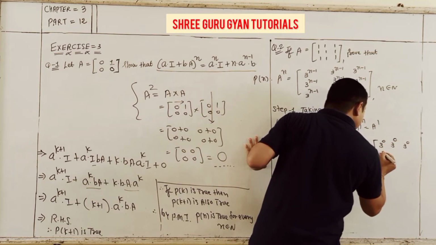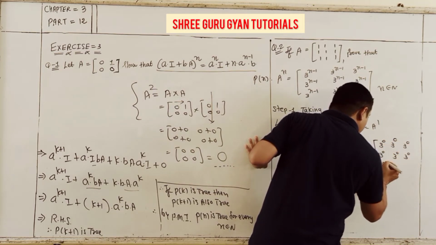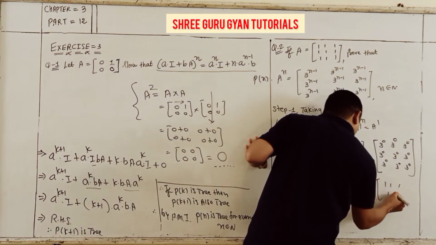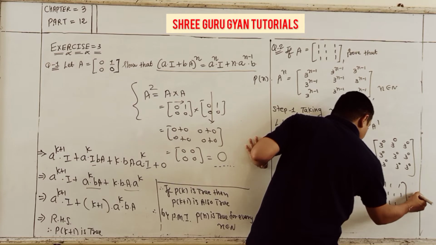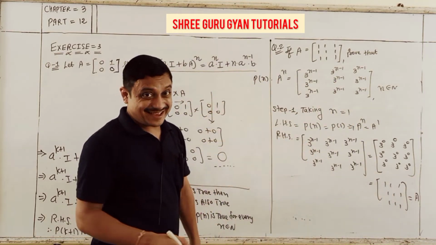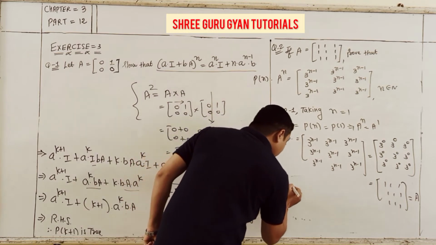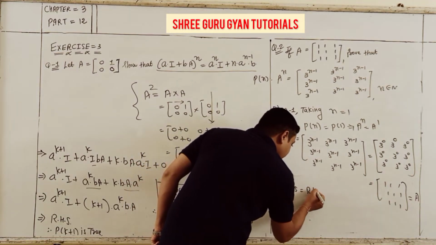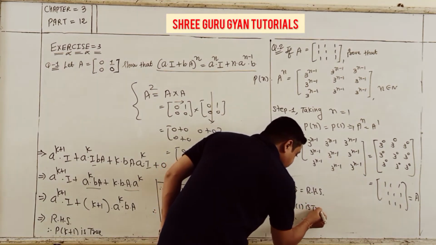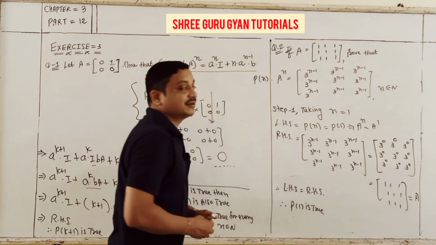And anything raised to 0 is 1. All entries are 1, that indicates the matrix A, and that is your LHS and RHS the same. Therefore, I will write down my LHS part is equal to RHS part. So P1 is true.